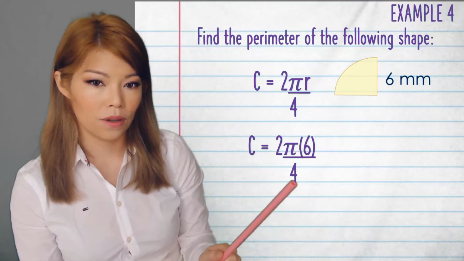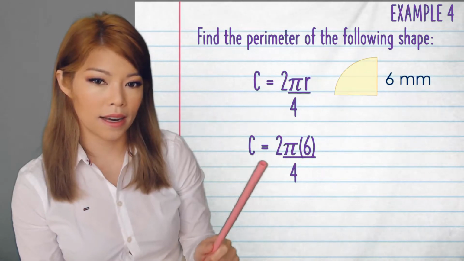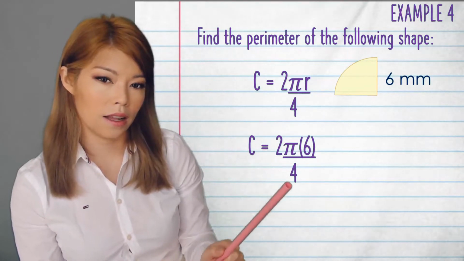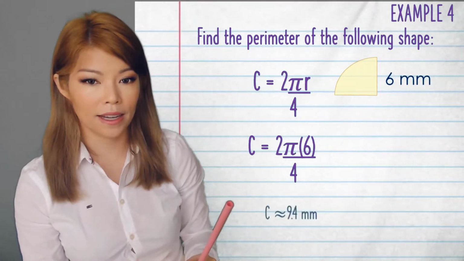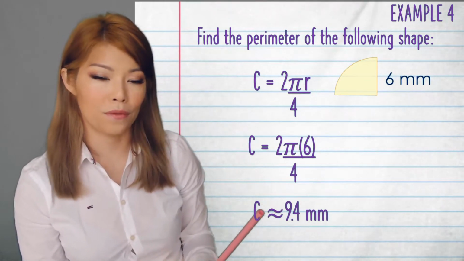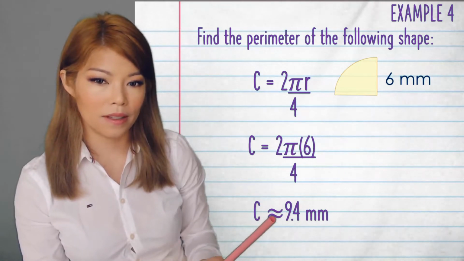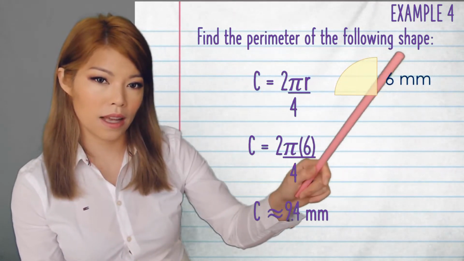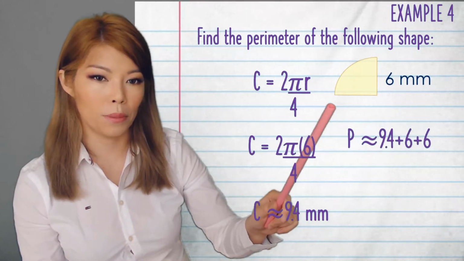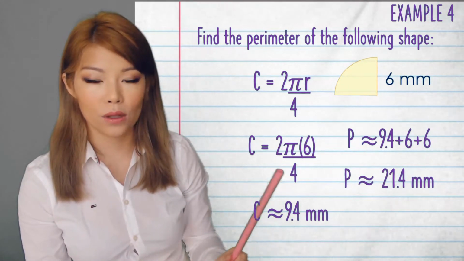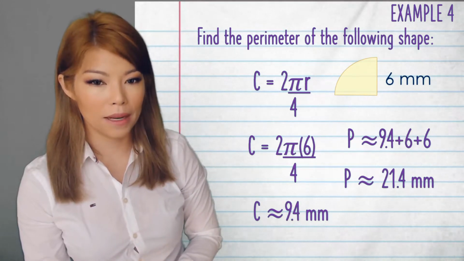So now 2 over 4 and 6, I can cancel them out to be 3 pi. Or you can plug that all into the calculator. Either way, you'll get 9.4 millimeters. Now remember, this is C means the circumference, so that section over there, we have to add 6 and another 6 to get the perimeter. So now we have P is equal to 21.4 millimeters.